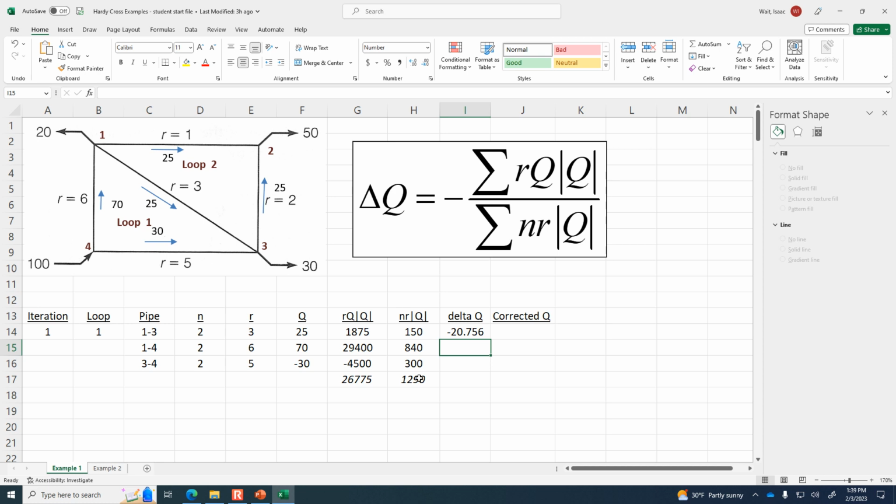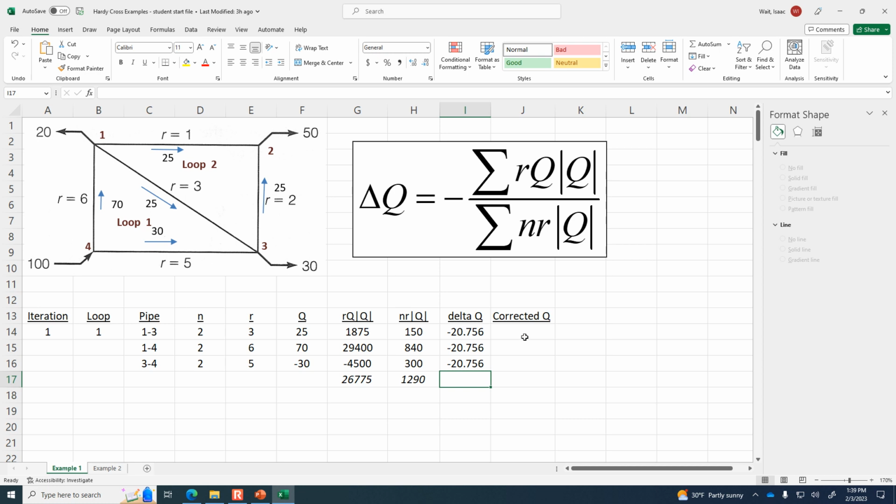We want it to be dynamic, so I'm going to type it in again, equals negative this divided by that. By typing it in these 3 times, I'm going to be able to copy this whole block and paste it down, and so my subsequent iterations will automatically calculate this correction factor.